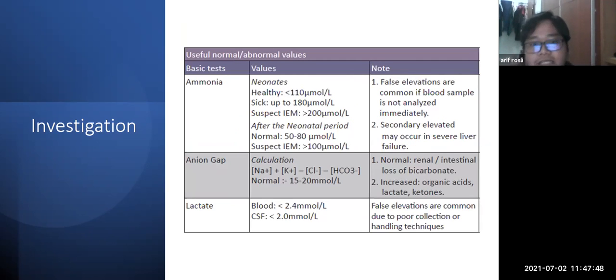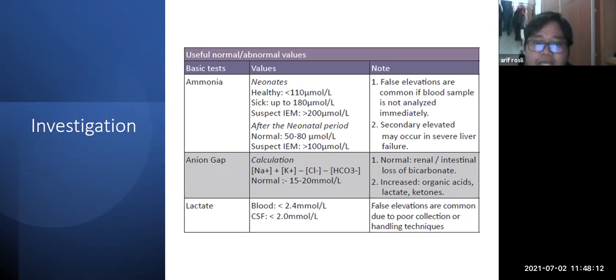So these are the useful normal or abnormal values. For ammonia, usually in neonates, we will suspect IEMs if the reading is 200 micromole or more. And after the neonatal period, we will suspect IEMs if it is 100 micromole or more.